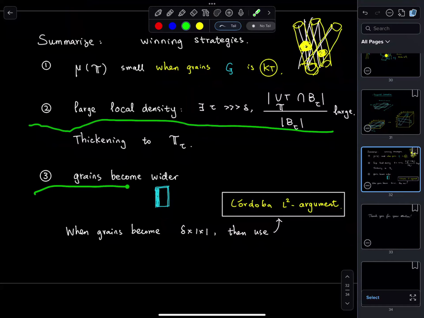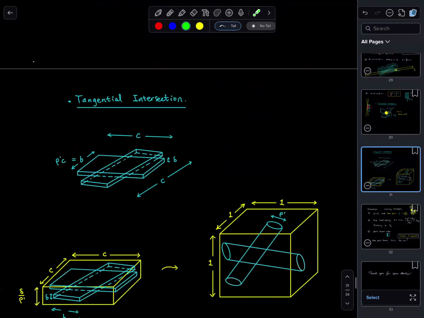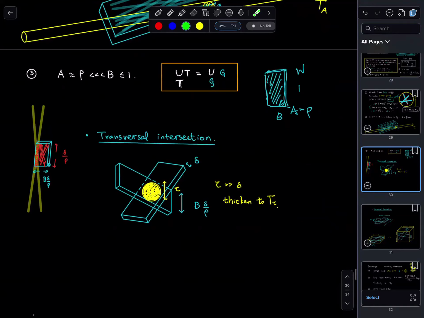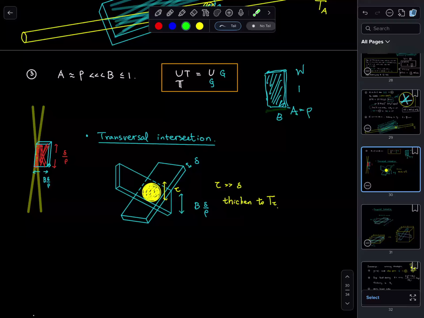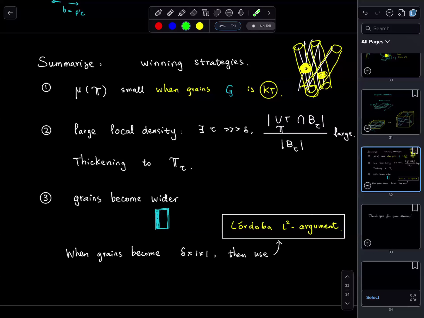And the third winning strategy is related to the last case. We have this thin box, but it becomes wider, and this is filled out. So the last winning strategy is when the width becomes so large that the grains become wider and wider.